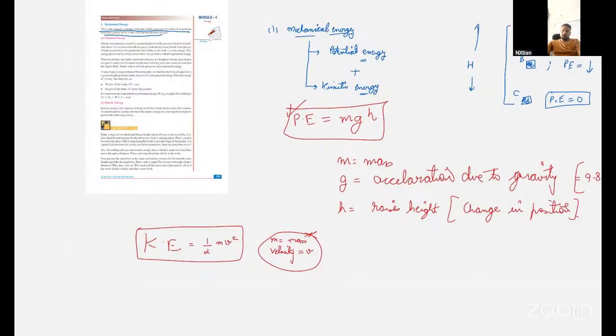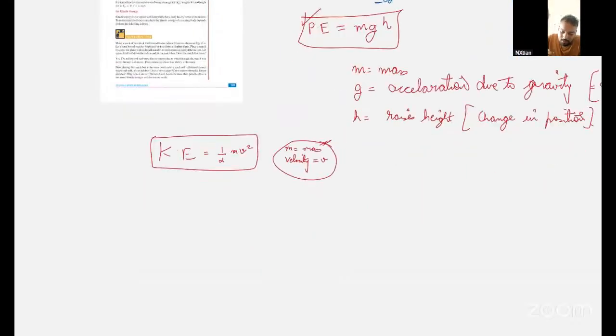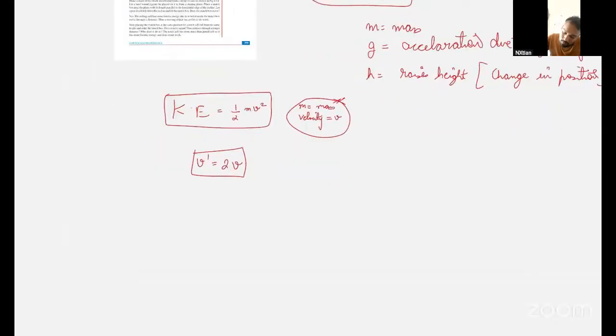Now everyone please pay attention. We know that the new velocity is 2 times the old velocity. Yes or no? So the new kinetic energy formula will be half into m into v dash square.